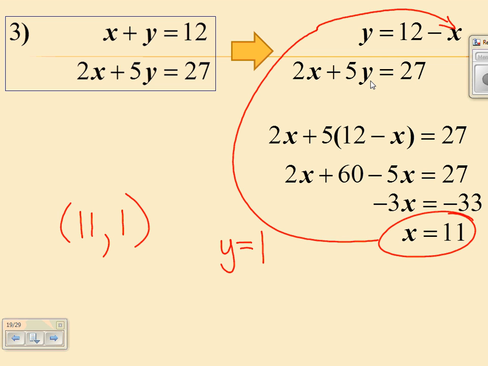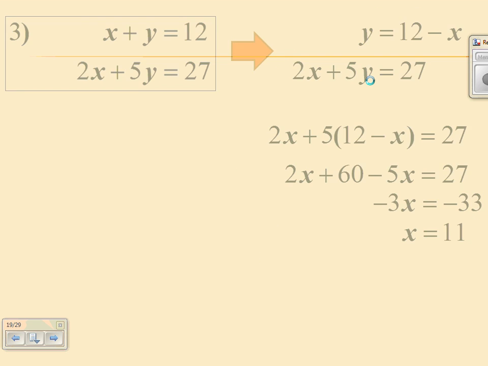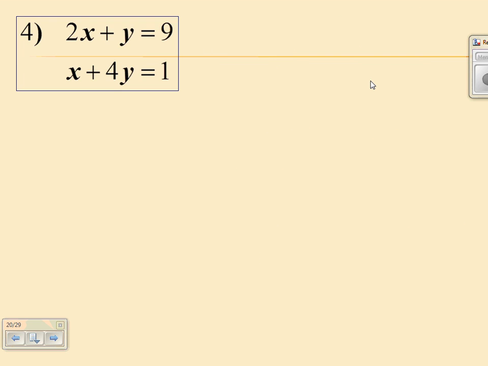You can always check if this works by plugging 11, 1 into the two original equations. It should work. If not, you must have done something incorrectly along the way. For our last problem, let's do number 4.